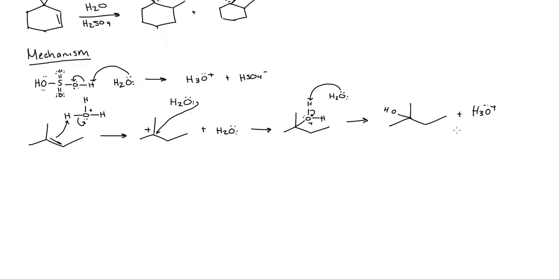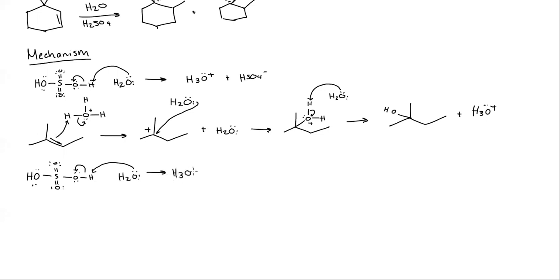Okay. So now let's do the mechanism for this second one, this methyl shift, just so we can see another example of a mechanism here. Okay. So then we take sulfuric acid and we react it with water to get hydronium.